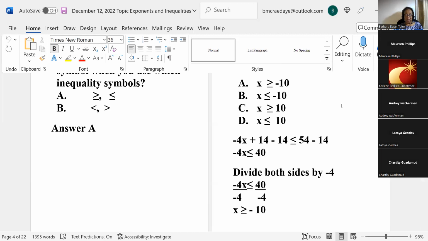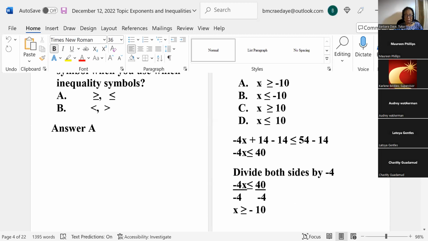Well, that's a less than or equal. This is a greater than or equal. I had B, I don't know. Well, remember when you divide by a negative, Audrey, you reverse the inequality. So if it were less than or equal, it becomes greater than or equal.